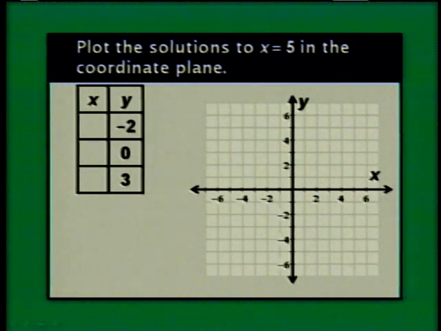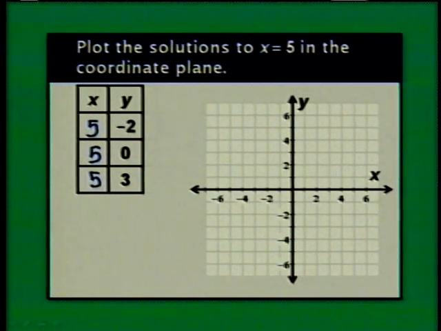Well, x equals 5. If I use 5 for my x value, replace the x in the equation with 5, 5 equals 5 is true. What if y is 0? What would x have to be to satisfy the equation x equals 5? Well, once again, x has to be 5. And if y is 3, what would x have to be? Once again, x has to equal 5.